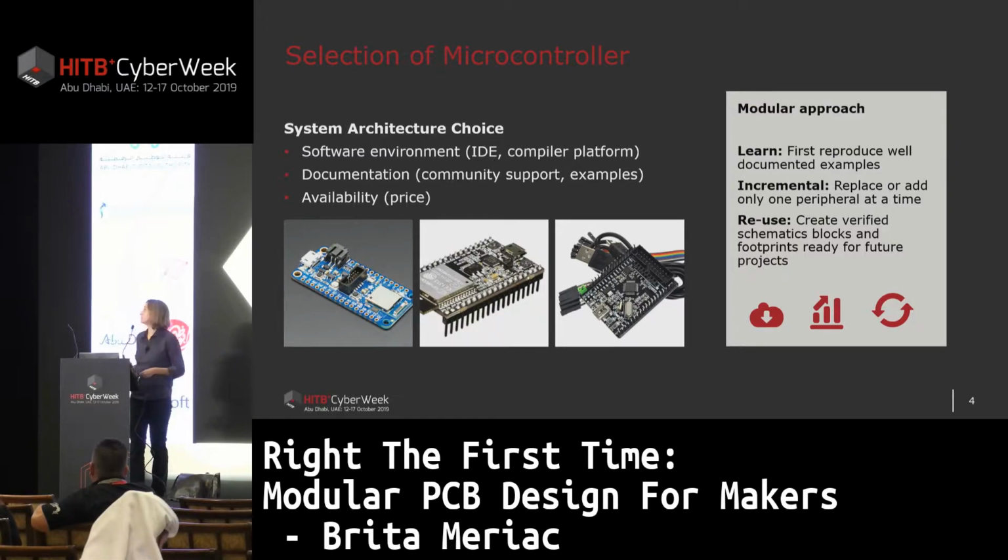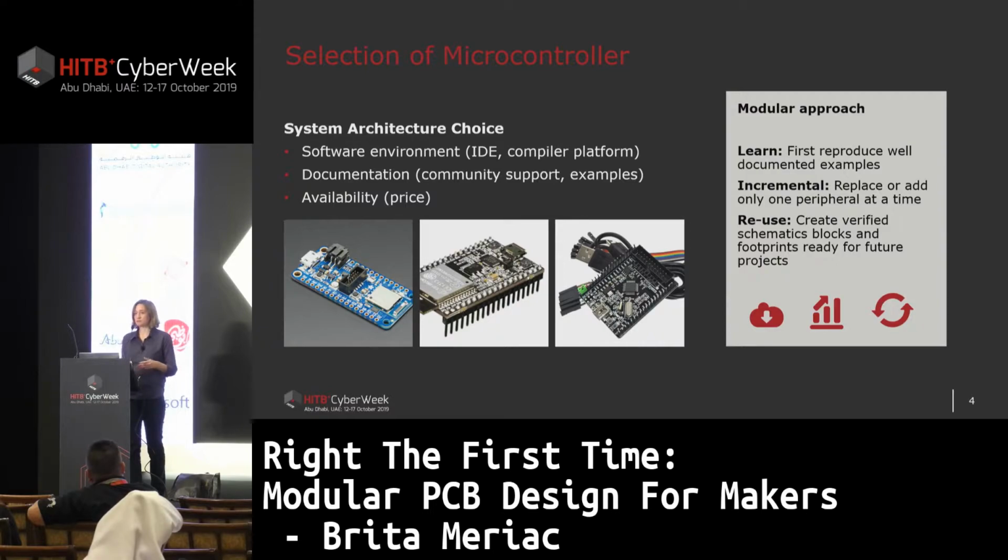So going through available documentation will be actually the first step of what I call a modular approach. You choose a well-documented example, fairly similar to the aim of your project idea, and start to reproduce this example exactly.